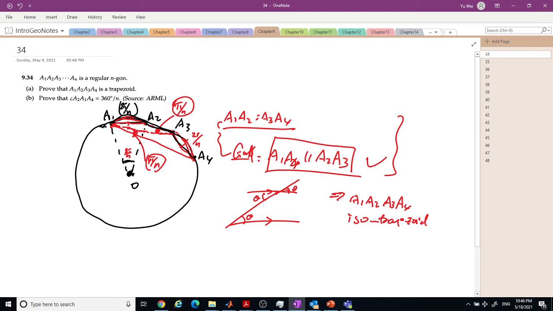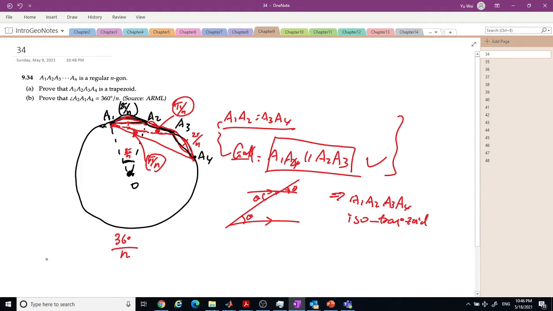Then the second one is we want to prove that angle A2A1A4 is 360 divided by n. We know this arc is 2 pi over n, that's 360 divided by n.